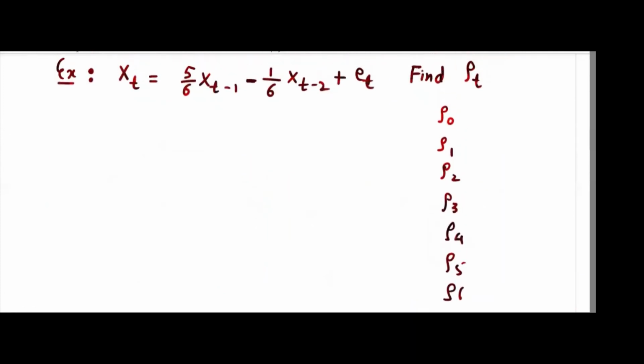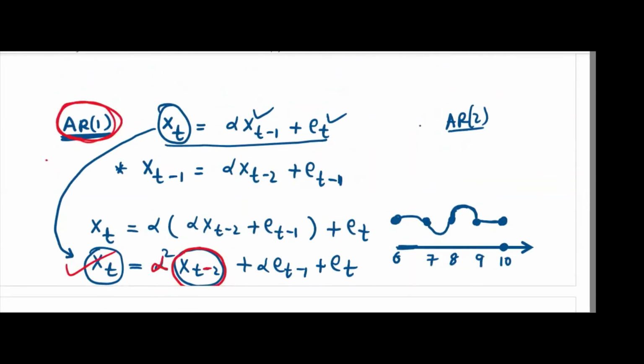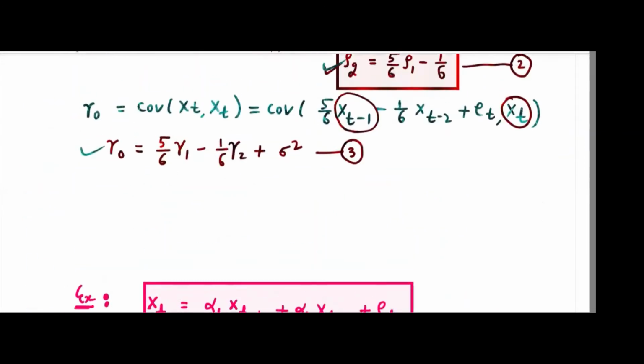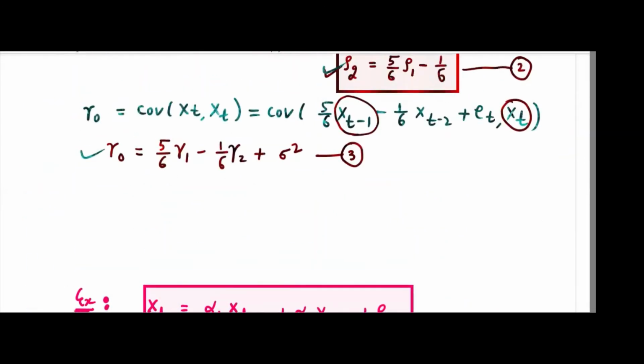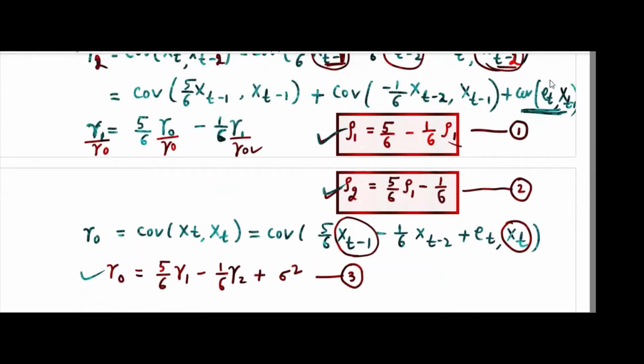How can you find? For that, we'll start with these two equations. Let me write this one and this one, these two. Rho 1, rho 2 we have already. Then similar to this one, if you find here 3, okay, we found 2 here, then we'll find 3.